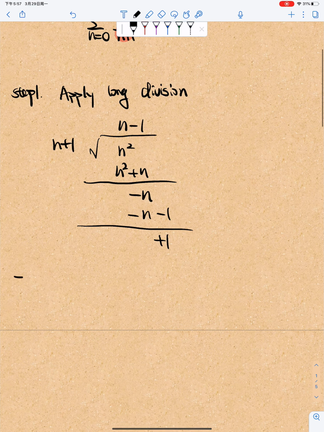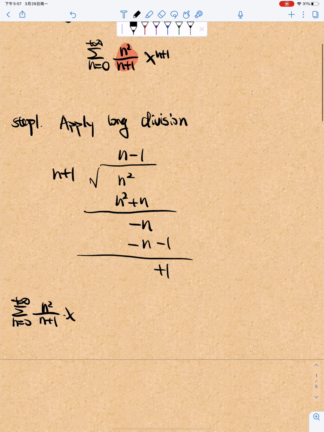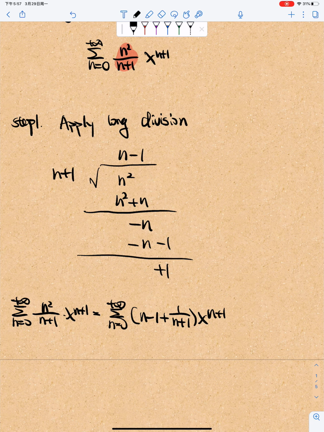That means that the original power series can be separated into the following parts. This is equal to sigma of n minus 1 plus 1 over n plus 1, times x to the n plus 1's power.